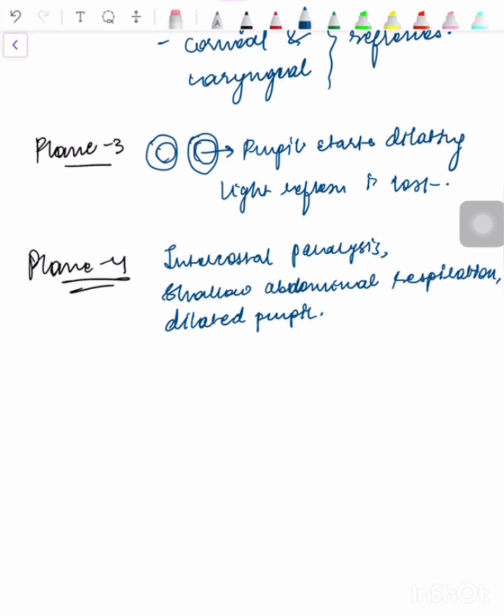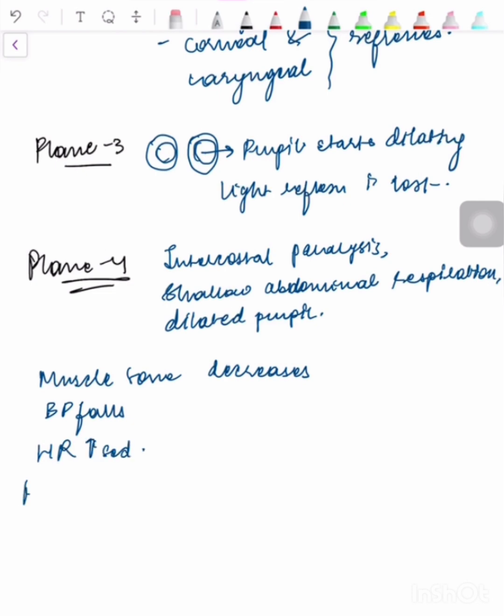As anesthesia passes to deeper planes, progressively the muscle tone is decreased. Okay, the BP falls. So as anesthesia progresses from deeper to deeper planes, your muscle tone decreases, BP falls, then heart rate is increased with weak pulse, respiration decreases in depth and later in frequency also, and thoracic respiration lags behind abdominal respiration.